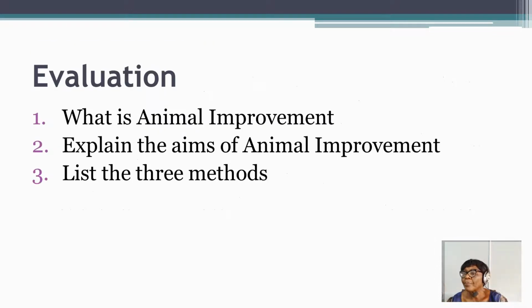Okay. So in our lesson, we have talked about animal improvement. What do we mean by that? A way of upgrading the animals we have, making it better. And what are the aims of animal improvement?